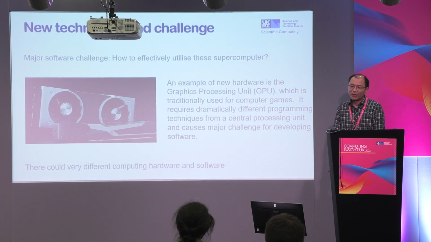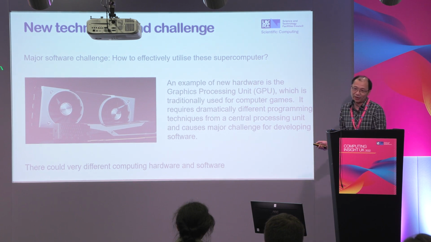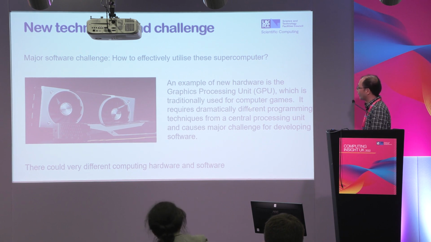However, it's not easy to use this kind of new supercomputer. It is because, to gain computing power in a more energy efficient way, we tend to use new technologies in these computers. One of these examples is the so-called graphical processing unit.